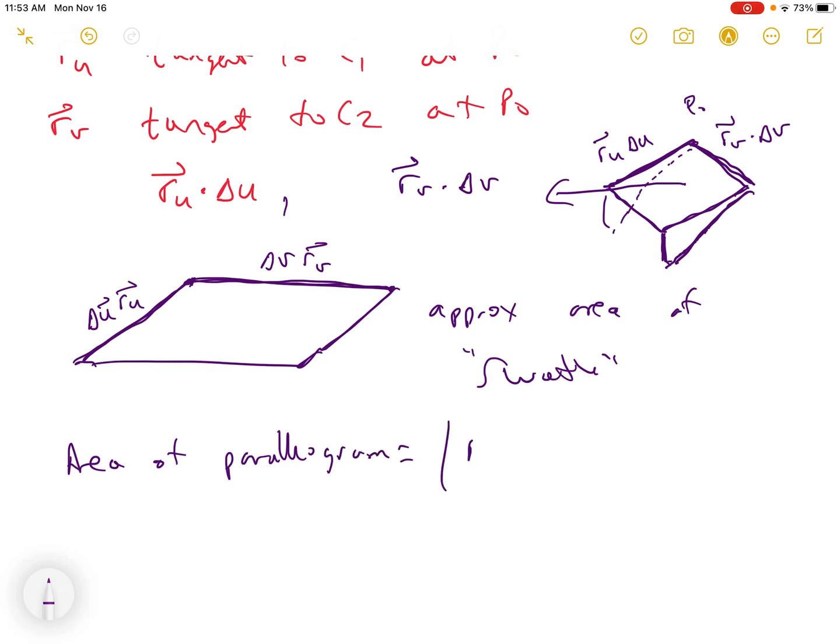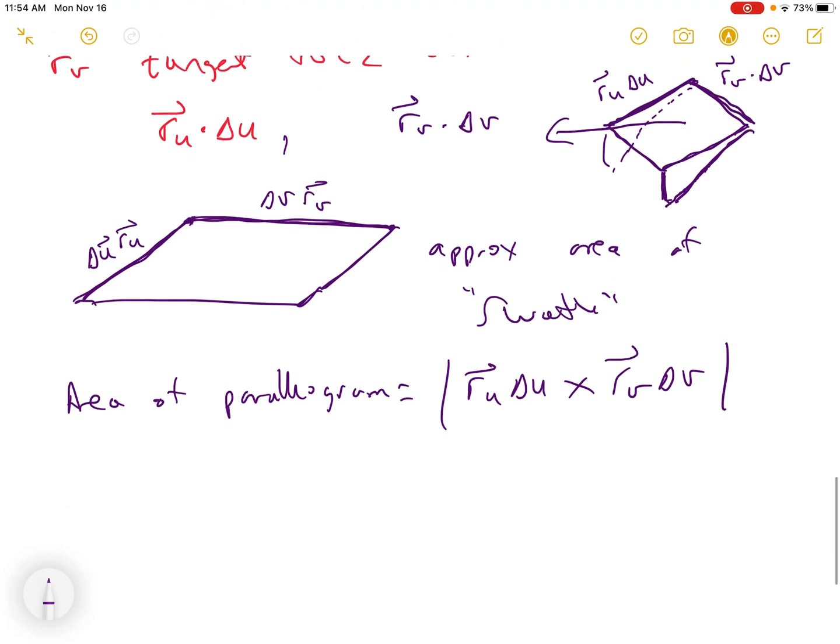It's equal to r sub u delta u cross product r sub v delta v. It's the magnitude of this cross product vector. And that's a result from physics. It's also from our class. We did it 13 weeks ago in chapter 12, I believe. Okay. So now we have the area for one of these little guys.